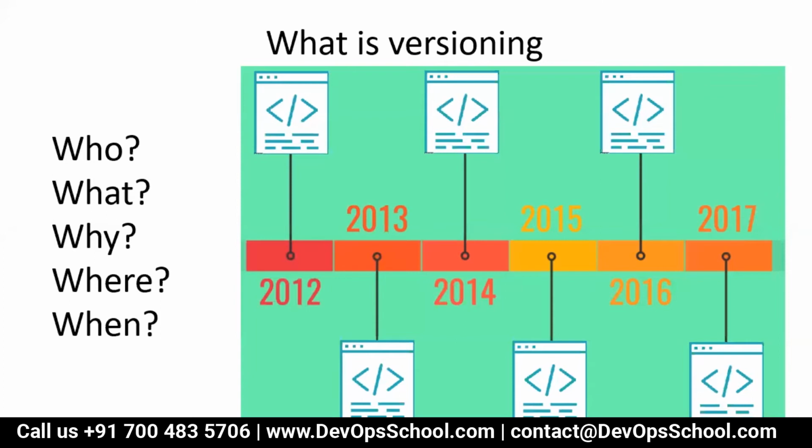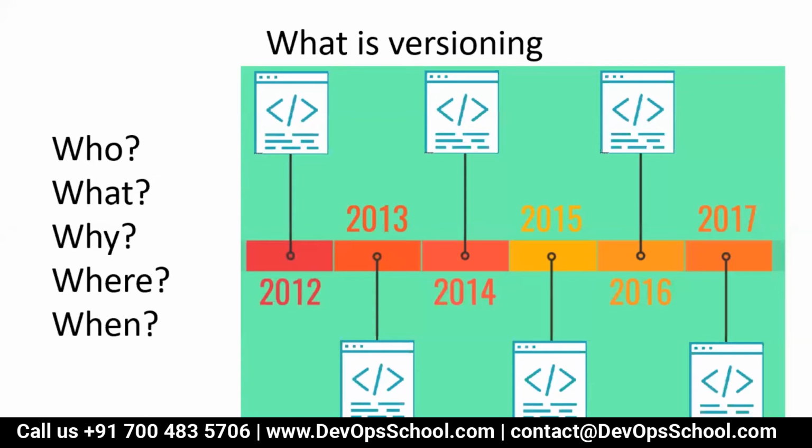So the problem we have is, over a period of time, if you modify the same source code and keep adding new code, modifying existing code, or deleting old code, we would like to know who has modified it in the past, what has been modified, what code he has been adding or deleting or modifying.